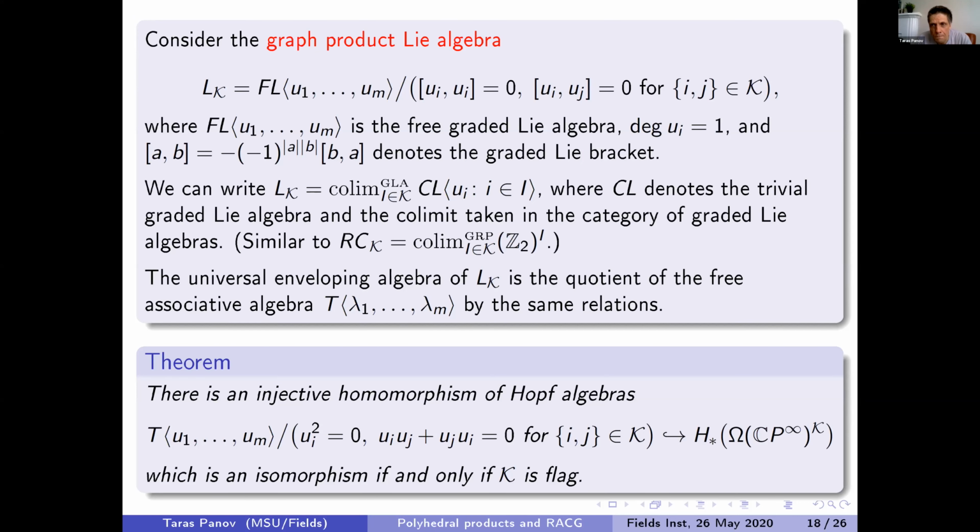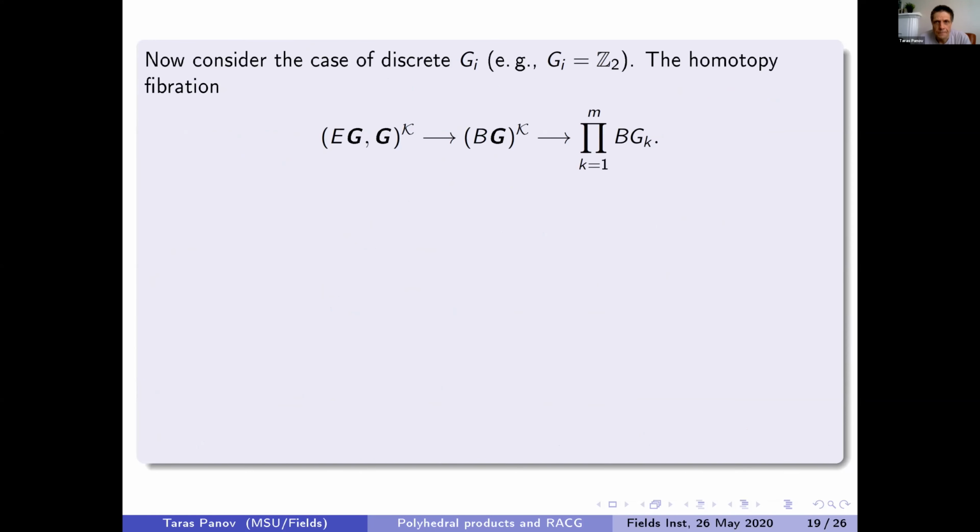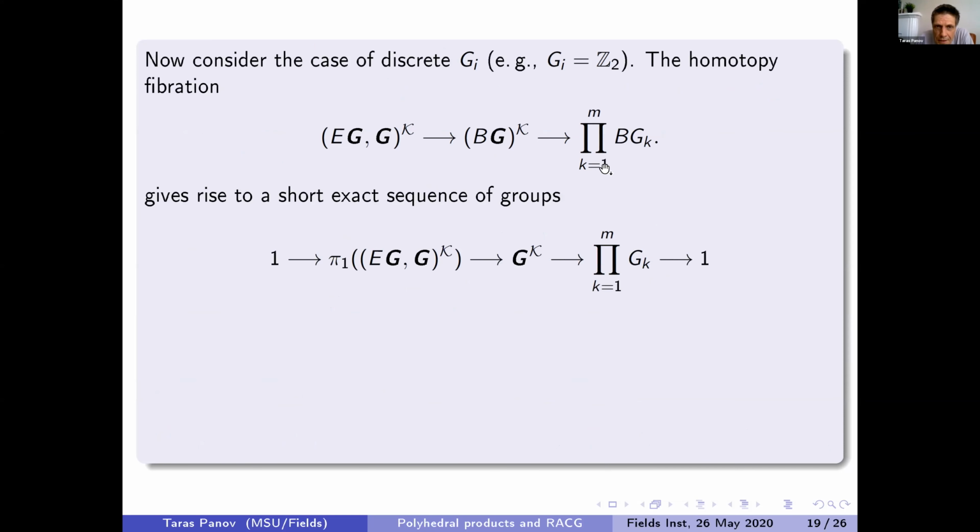Now let's look at the discrete group case. In the discrete group case, you still get this homotopy fibration you start from. If you loop that one, you get a short exact sequence at least on the level of pi_1. This is true in general for arbitrary k, not just flag. But if k is flag, you just get aspherical spaces and an exact sequence of fundamental groups. If k is non-flag, then this is still a K(pi,1) space, so that will just tell you that the higher homotopy groups of those two spaces agree in the non-flag case.